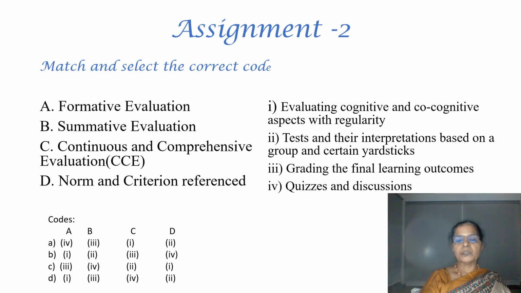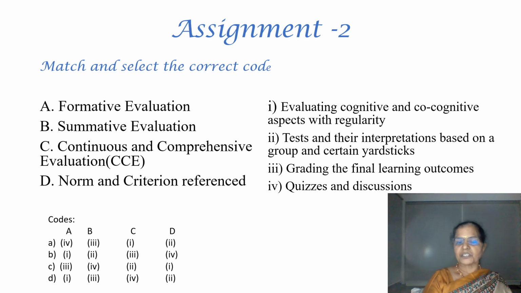Assignment 2. In this question you are asked to match the A with the B section and select the correct code. Here you have the additional task of selecting the correct code. You should be very careful in selecting the codes because sometimes you may get confused.